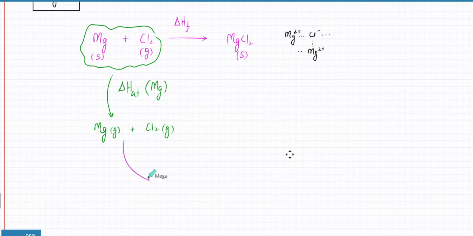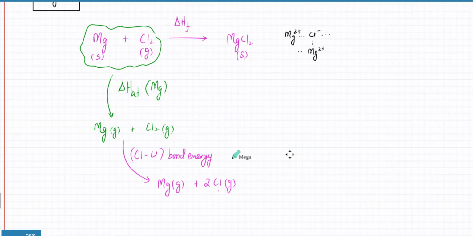So now I've broken the Mg atoms. Next step is I'm going to break the Cl-Cl bond. So that would give me two Cl gaseous atoms. So basically the Cl atoms are bonded together, so I'm going to break those Cl-Cl bonds. That's basically the bond energy of this thing.